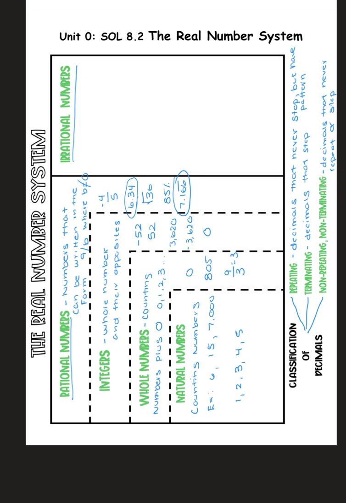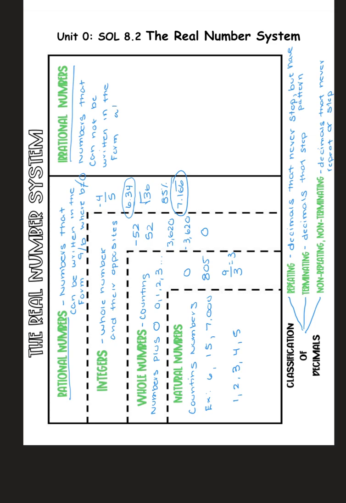Taking a look at it, irrational numbers are numbers that cannot be written in the form A divided by B. Those are the decimals that do not repeat and do not stop.